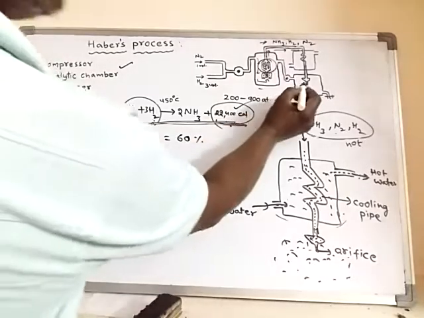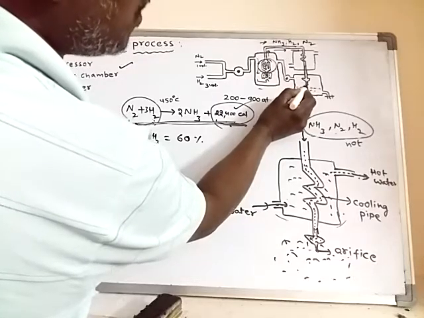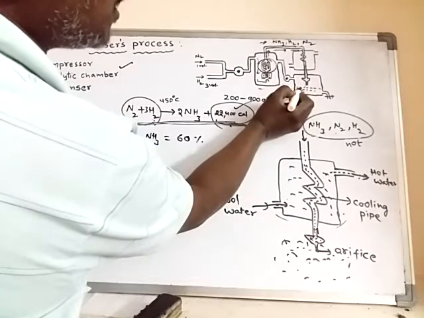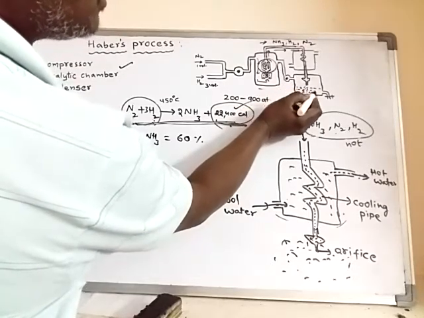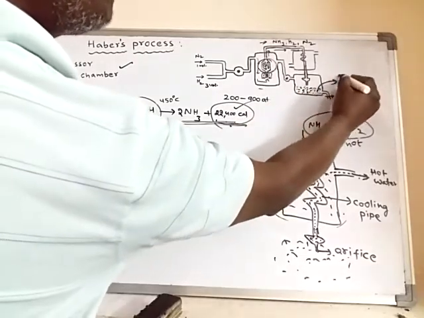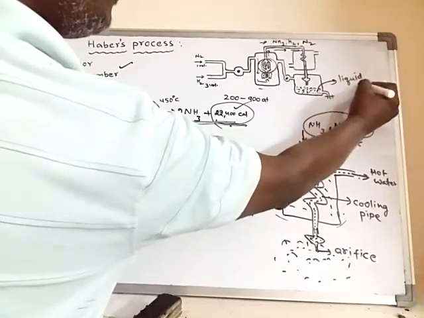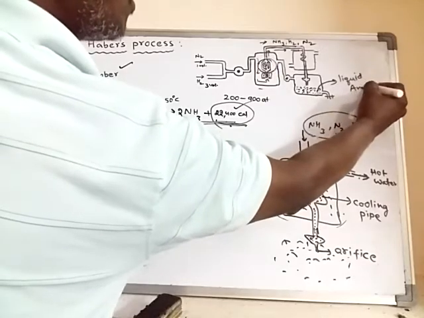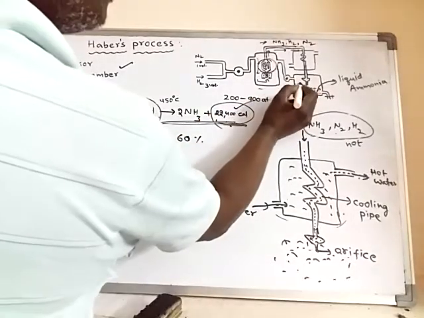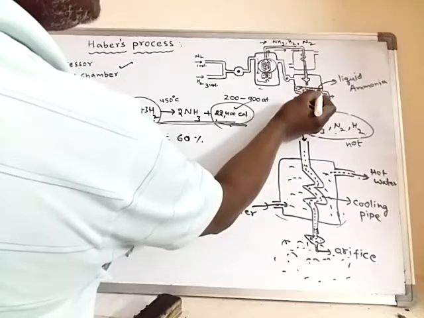So here you will get liquid ammonia. Through this small hole, these gases escape suddenly, and due to this ammonia converts into liquid ammonia. This is liquid ammonia.